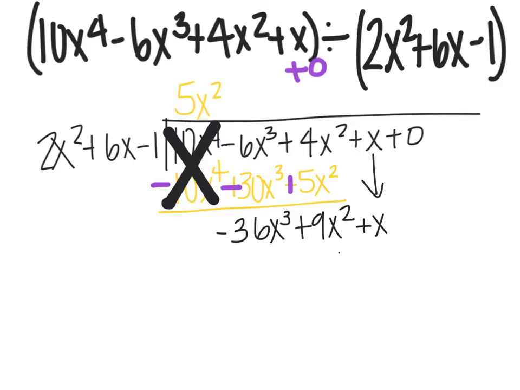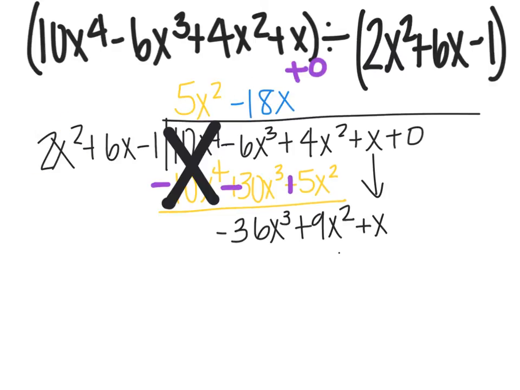So now I need to figure out what times 2x squared is going to give me negative 36x to the third. Well, that number is going to be a negative 18x. So I'm going to go ahead and multiply.